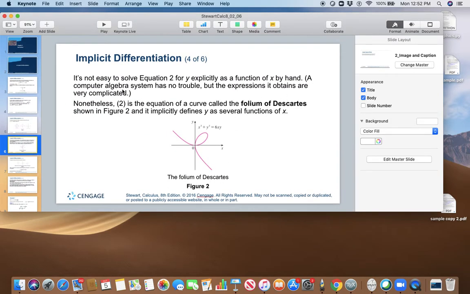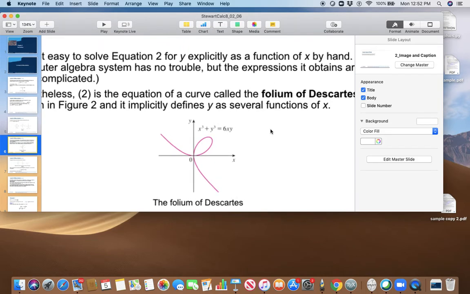A computer algebra system could give you an expression, but the expressions are very complicated. Regardless, this curve is called the folium of Descartes. It implicitly defines y as several functions of x.